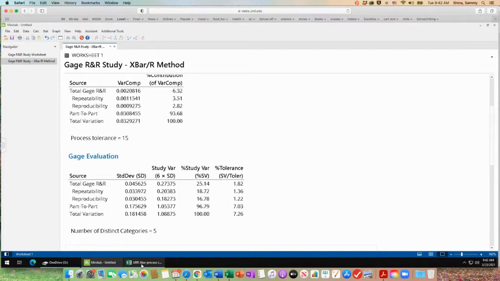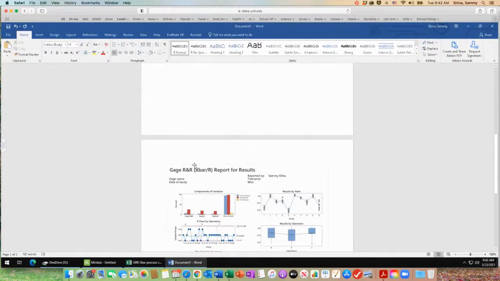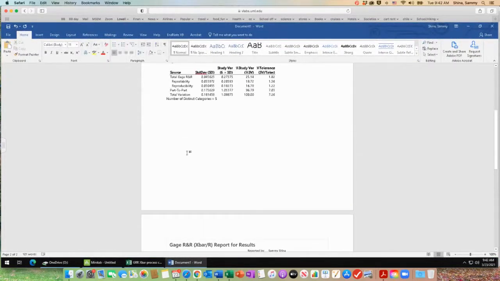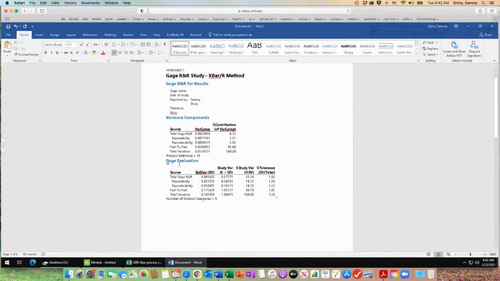So when you do that, it will send it to Microsoft Word, and then Microsoft Word appears at the bottom. So here's Microsoft Word, and you can see they copied automatically to a Microsoft Word sheet, and there's all the data that we just did. So this is what you will use to send me the report. Please do it in PDF. It's a little bit easier for me to process, and I can look at it very, very quickly.